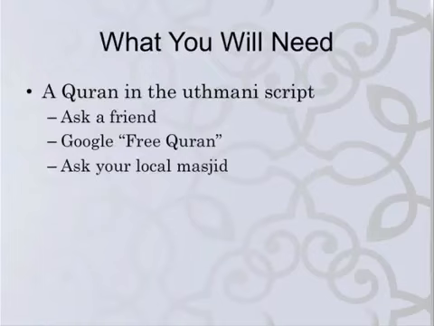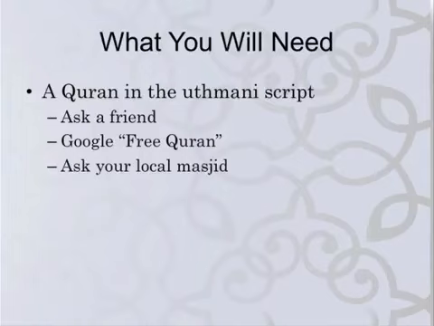I prefer the Uthmani script because it is easier to determine how to pronounce something from the Uthmani script than the other methods of writing the Quran. There's an African script. It has a lot of dots in it. I think it's called either the Indian script or the Pakistani script. It looks different. It's very similar to the Uthmani script. It has about the same amount of dots and letters and things like that.